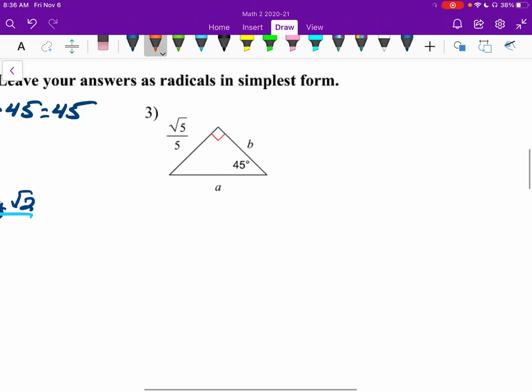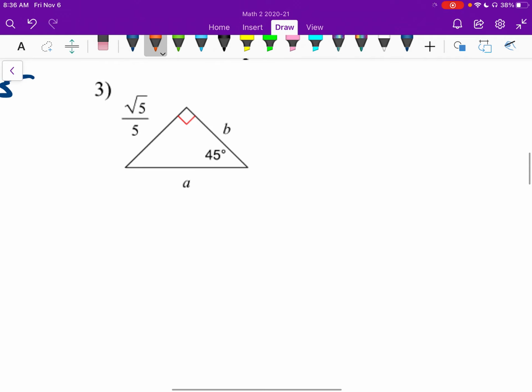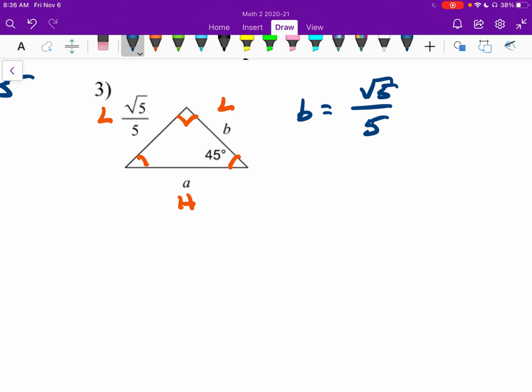All right, number 3. Here's an angle. Here's another angle. It's a 45, 45, 90 triangle. B is a leg. Here, I'll label leg, hypotenuse. So B has to also be equal to root 5 over 5.